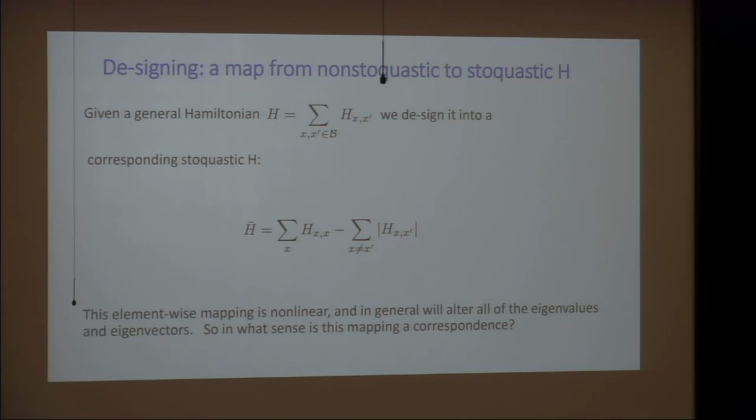So in other words, we'll just do an entry-wise operation that makes all of the off-diagonal matrix entries real and non-positive. And this element-wise mapping is totally nonlinear, and in general, it's going to alter all of the eigenvalues and eigenvectors. So in what sense is this mapping a useful correspondence?